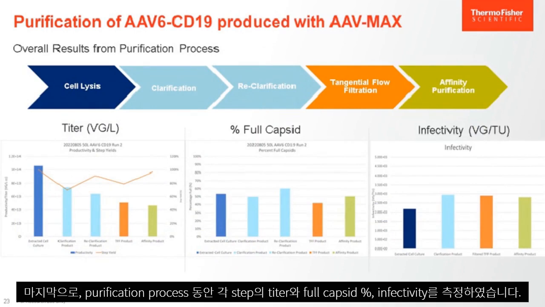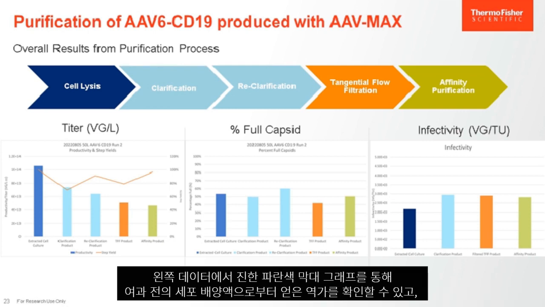And then lastly, if we take a look at the titer in terms of VG per liter, full capsid measurements, and infectivity as VG per TU across all of the different steps of the purification train, you can see that we had really excellent recovery of the viral genomes. On the left-hand side, the dark blue bar on the far left is the extracted cell culture, so that's prior to any filtration or clarification.